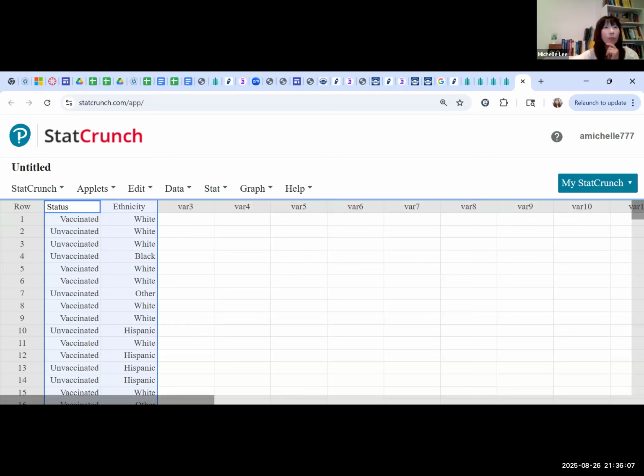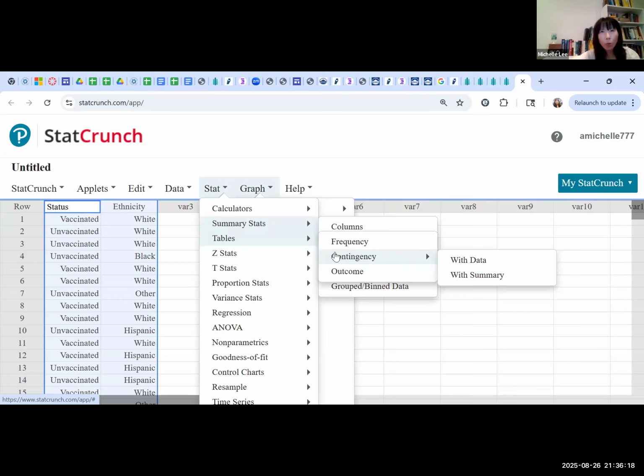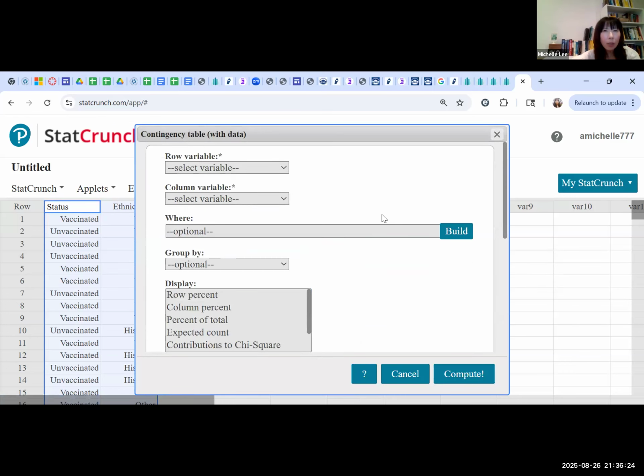And we go to Stat and Tables and Contingency table with the data, because we have all the data set here, right? So with the data and raw data.